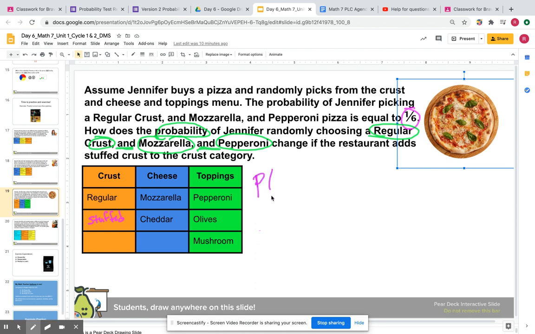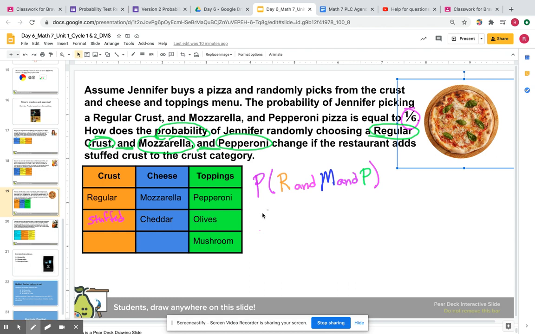We're finding the probability of regular, R, and we're looking for the probability for mozzarella. That's in blue. I'm just color coding for you. And the probability of pepperoni for the toppings. Let me use green for that one. We're finding that compound probability of this problem.